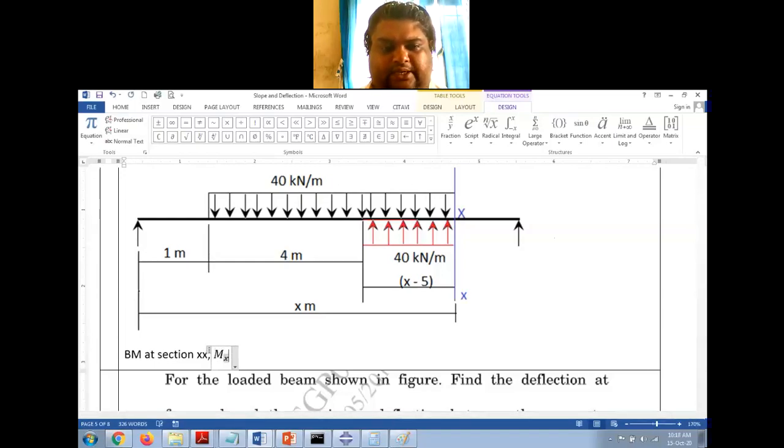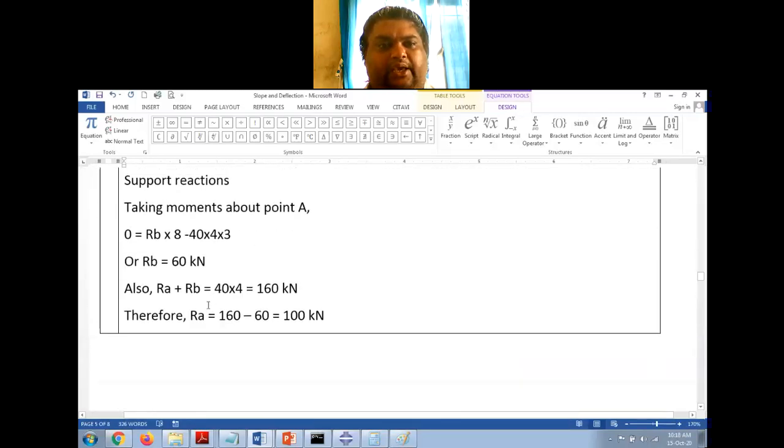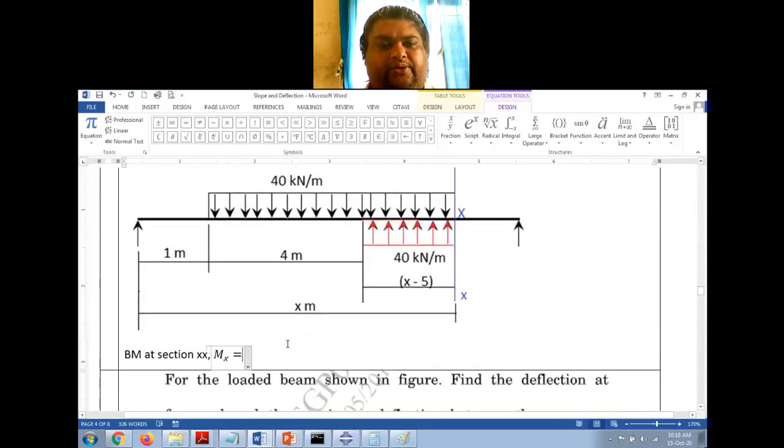M suffix x is equal to, now what will be there? I have reaction at this point. This is A, RA is 100 kilonewton. So 100 into perpendicular distance is x. So it will be 100x.